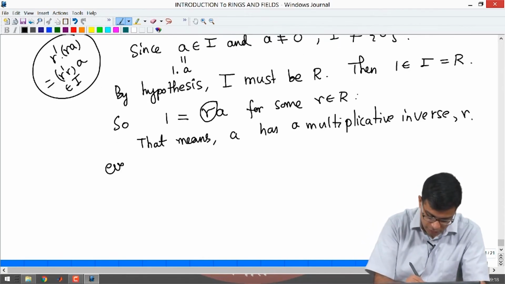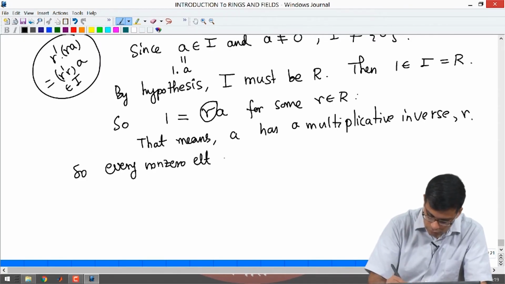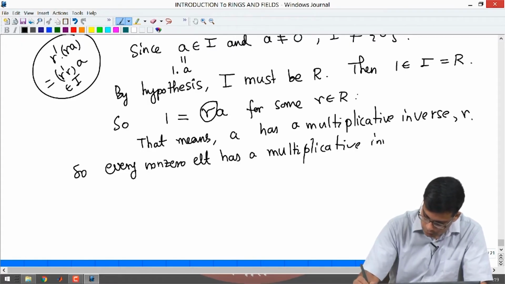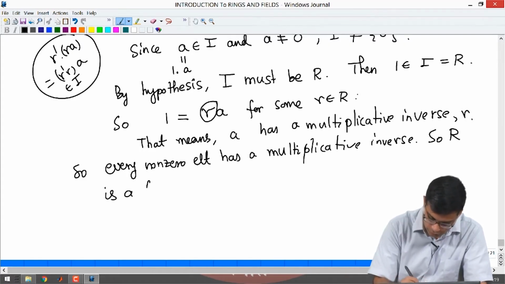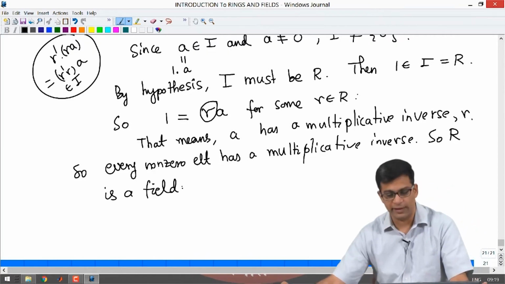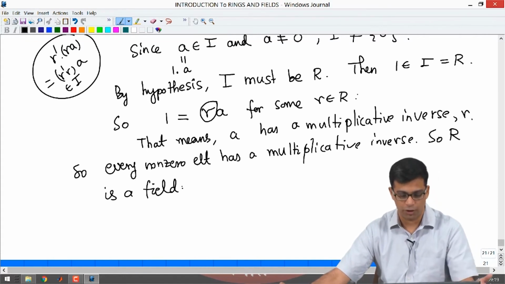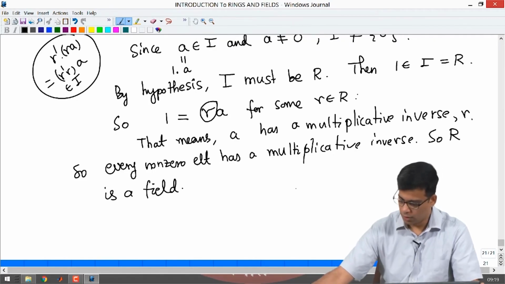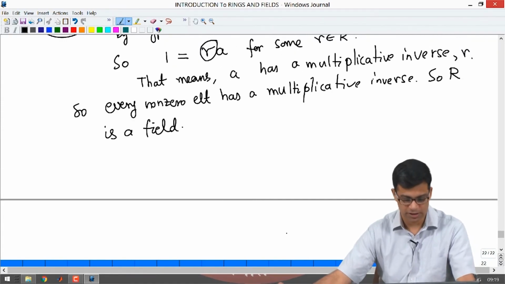So, every non-zero element has a multiplicative inverse. So, R is a field. So, the only rings which have exactly 2 ideals are fields. So, if you have any ring which has more than 2 ideals, it must not be a field.